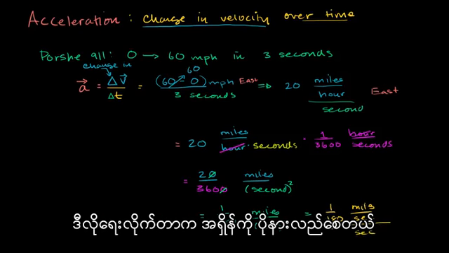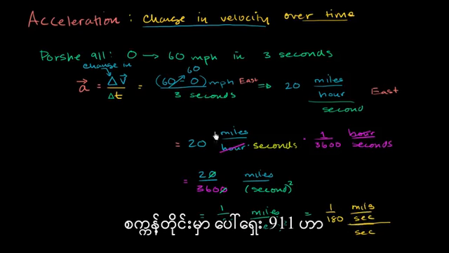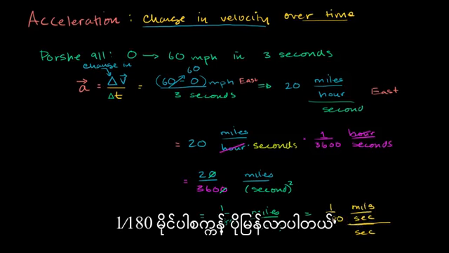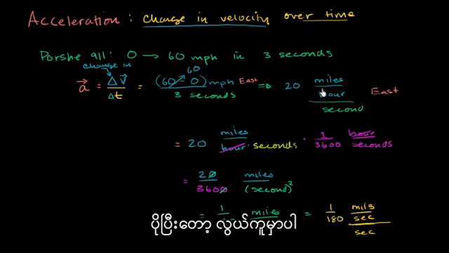So this makes a little bit more sense from an acceleration point of view. 1 over 180 miles per second. Every second, this Porsche 911 is going to go 1/180th of a mile per second faster. And actually, it's probably more intuitive to stick to the miles per hour, because that's something that we have a little bit more sense on.